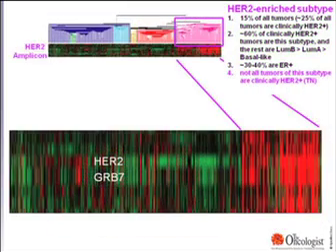But if we take a blow up and look at the gene expression patterns of HER2 itself, what you can see is that not every tumor in the HER2 enriched subtype is HER2 positive or HER2 amplified. Hence, we've given it the term Her2 enriched as opposed to simply HER2 to signify the fact that not all are HER2 positive. But this is important for this discussion because those tumors that are in the HER2 enriched subtype and are not HER2 positive are triple negative, right?